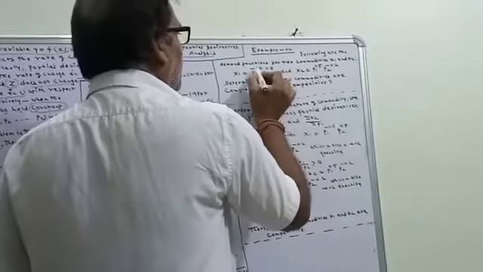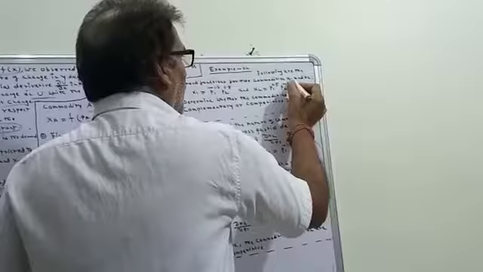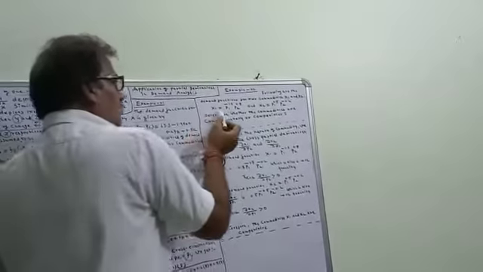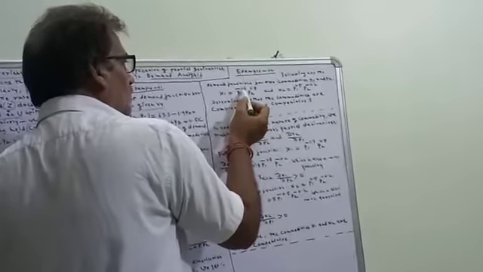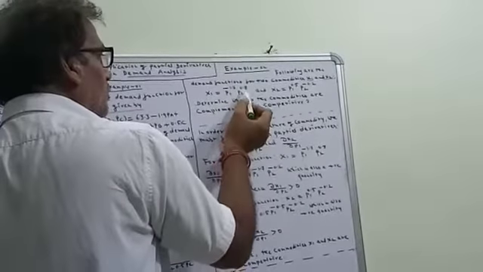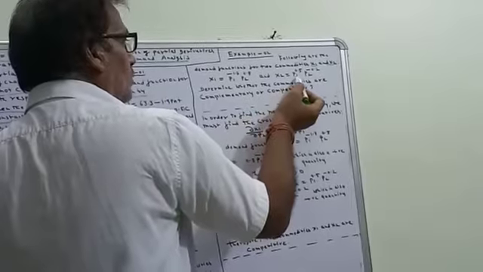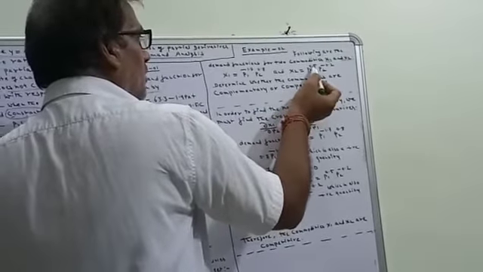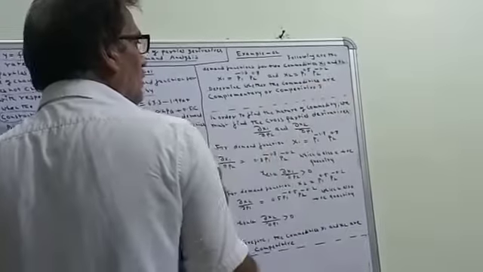Now example 2. Following are the demand functions for two commodities, say X1 and X2. X1 equal to P1 to the power minus 1.7, P2 to the power 0.8 and X2 equal to P1 to the power 0.5, P2 to the power minus 0.2.